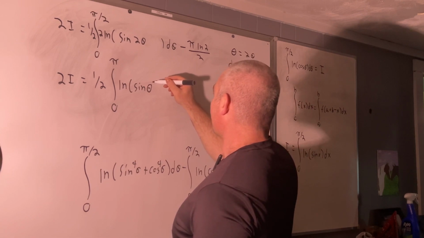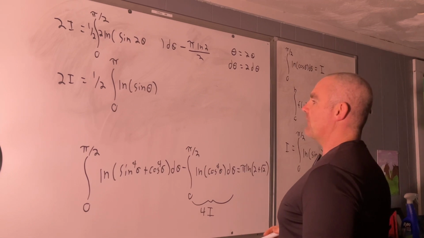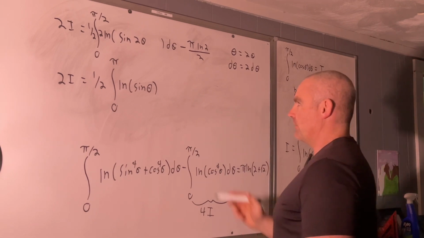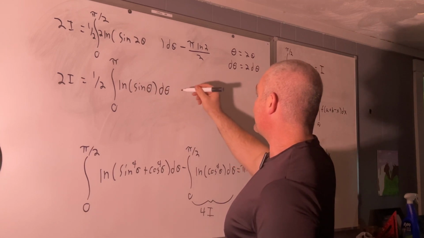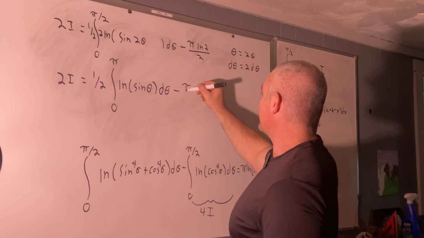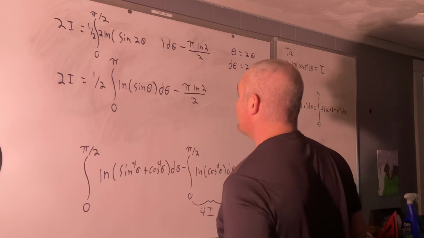I said phi before, it's phi. 1/2 the integral from 0 to pi of natural log sine phi d phi minus pi natural log 2 over 2.